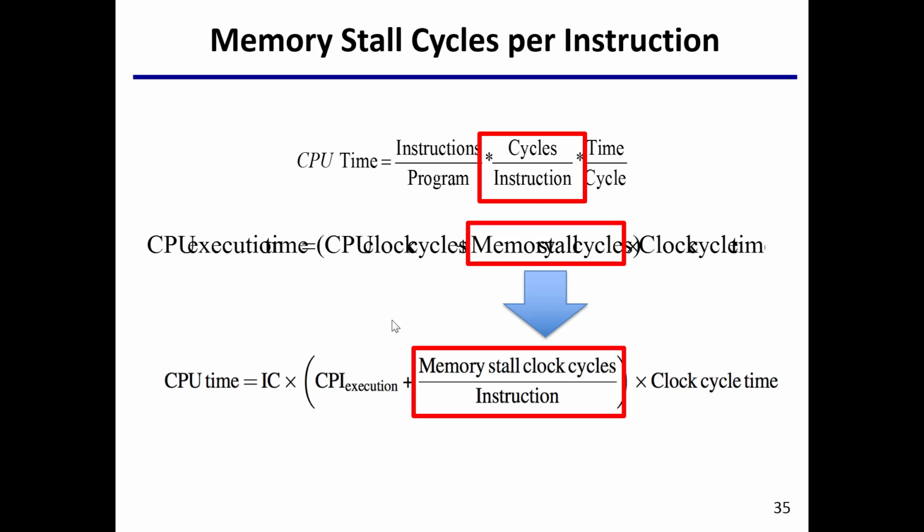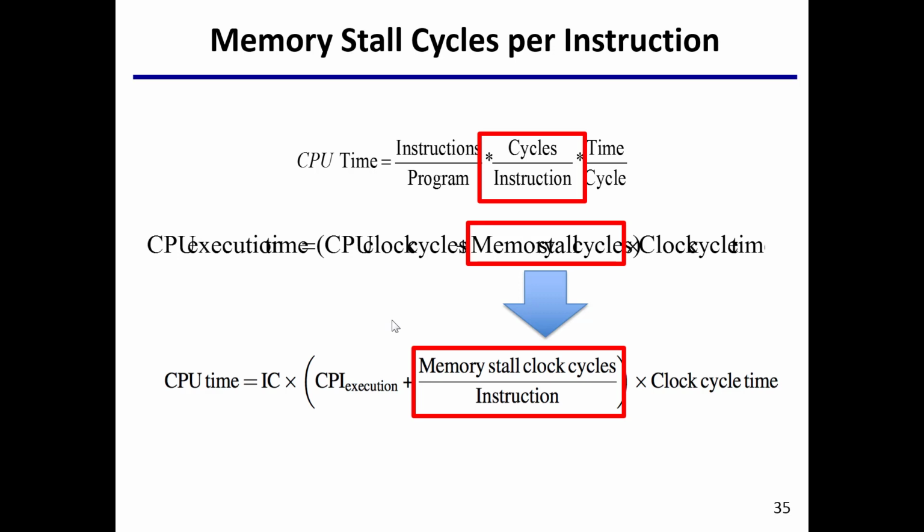If you notice, the CPI has now been split into two parts: the CPI of the execution and the CPI of the memory system. So when you calculate the CPU time, average memory access time doesn't directly tell me anything, because I don't know how often my program is accessing memory, right?